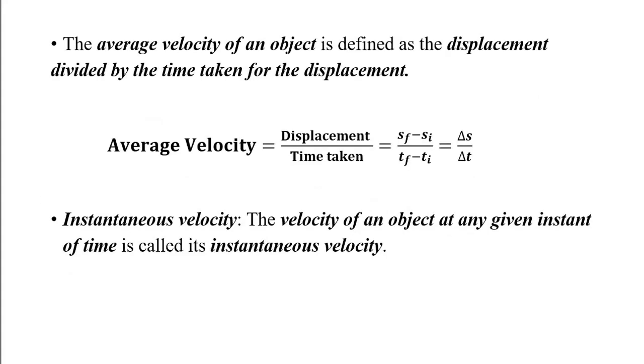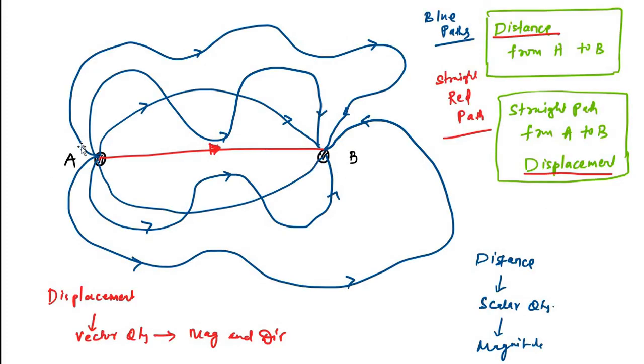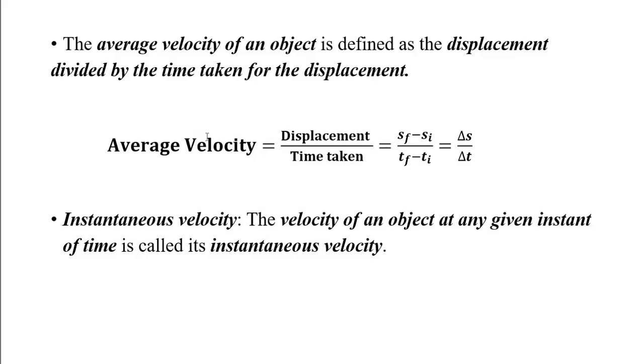Then average velocity is the total displacement, finally, when it reaches the final destination, the total displacement from the initial to the final position, like in this case when it reaches from A to B through the straight line path, the net displacement, the shortest straightforward path from A to B, divided by the total time taken for that displacement, that is the average velocity.